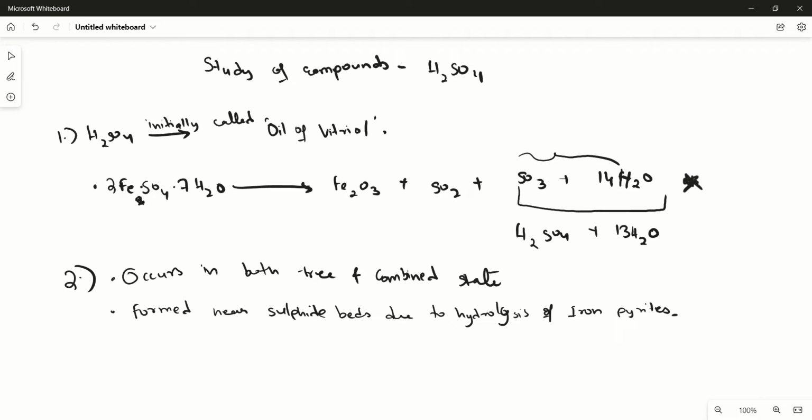I think these 2 points are enough, and it's also combined. It's also in the combined form, as it occurs in salts and minerals and metallic sulfates. Yeah, so this is where it occurs.